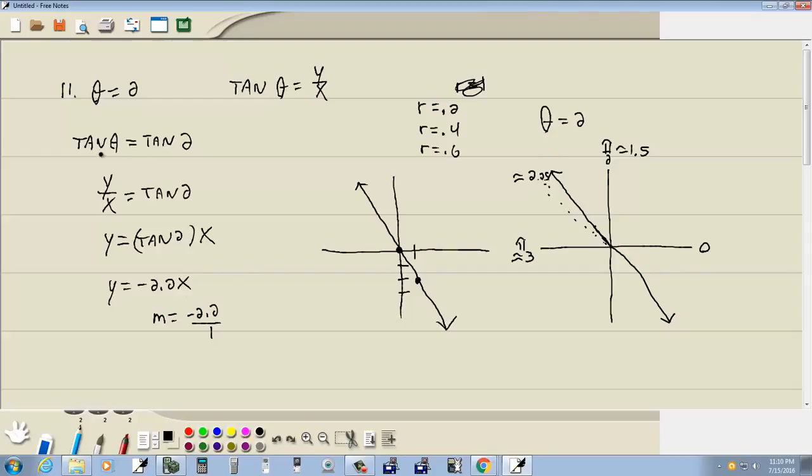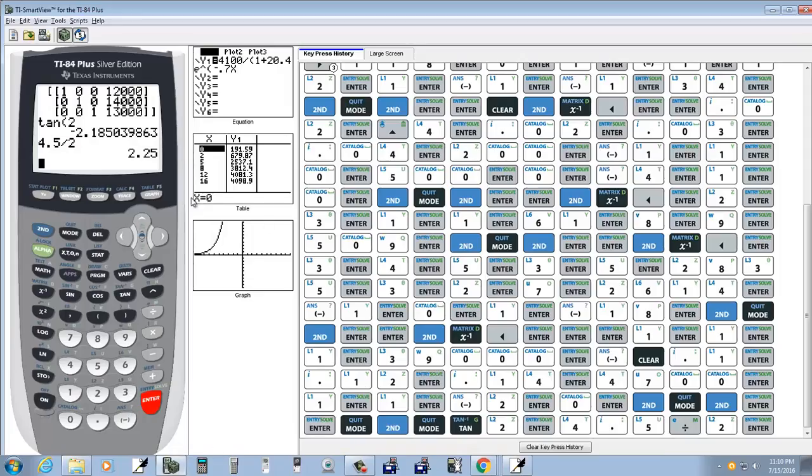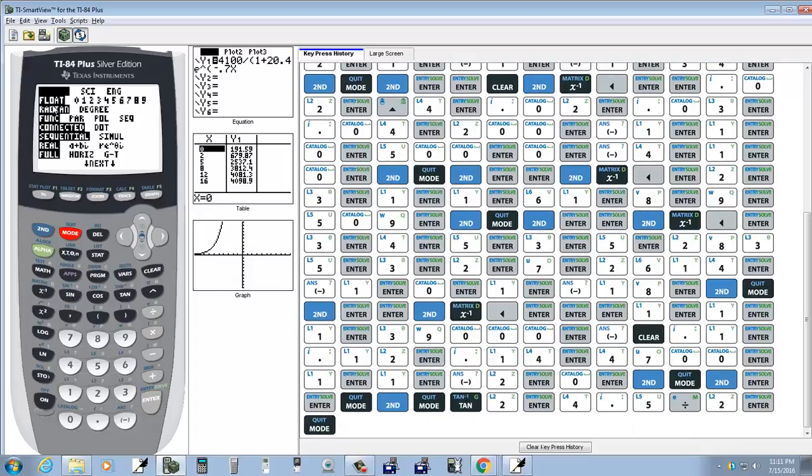Now I did this so you can see the connection between when we change it to the rectangular coordinate system and how you graph it this way. As far as I know, there is no way to put this into your calculator. Doesn't mean there isn't, I just don't know of a way. To change it to a different viewing, you go to Mode, and it's currently set up for Function.